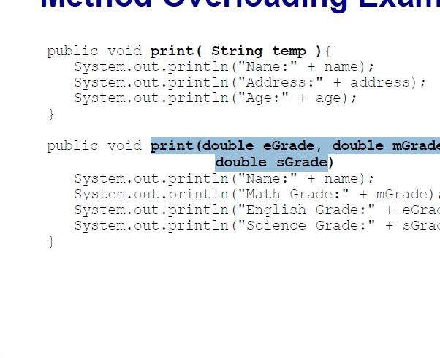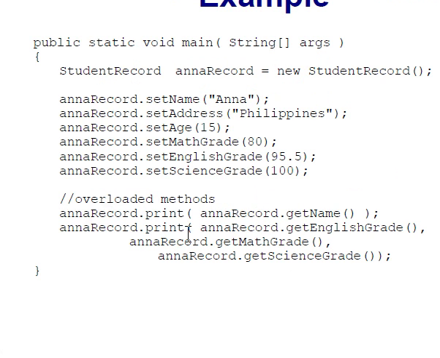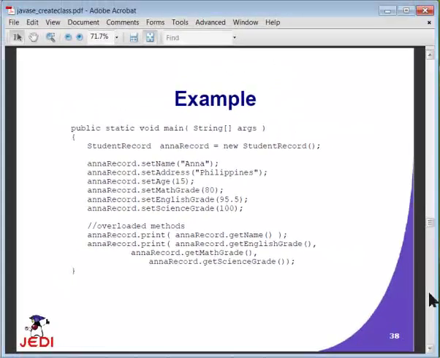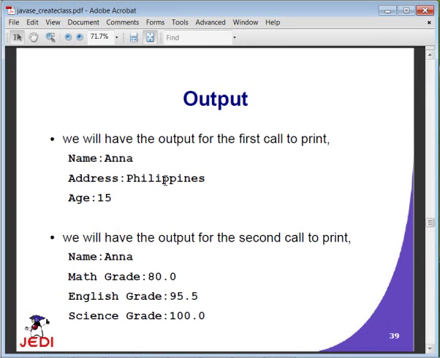And of course, if there is no print method that matches the type and number of parameters, then that is a compile error. Okay, so in this case, we'll have an output like this. This is the first call to print, and here we are printing out the grades of Anna.